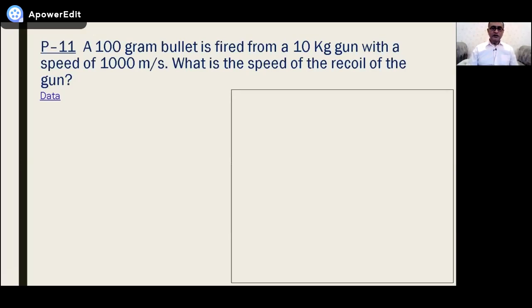So we have two bodies over here. One, the mass of a bullet with the mass 100 gram, we'll convert into kg. And we have another body, the gun, its mass is 10 kg. Initial velocities of both of them are 0.